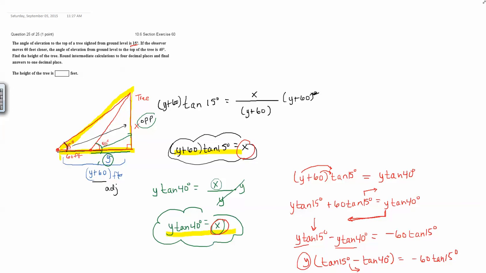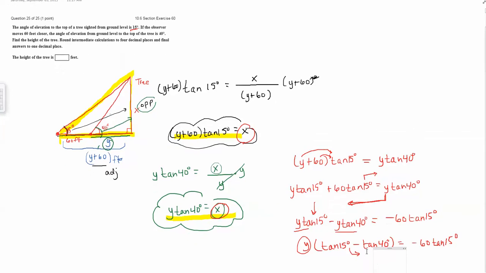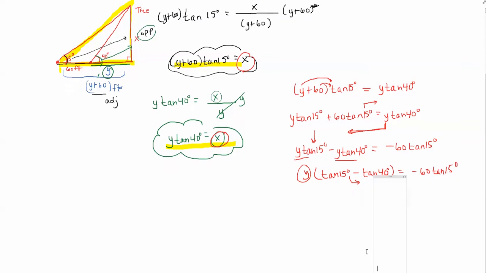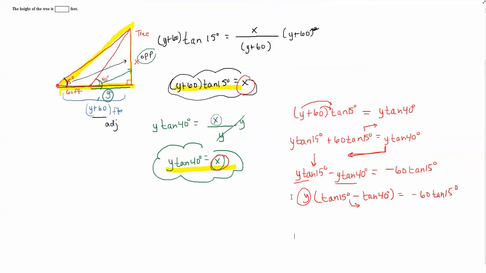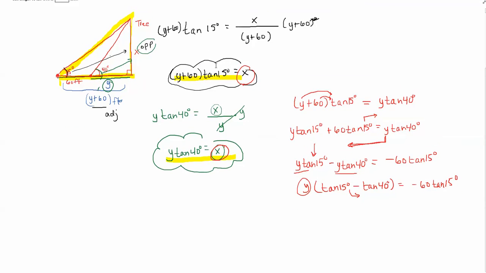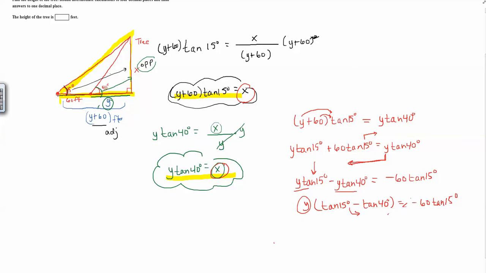So at that point, we have y equals negative 60 tangent of 15 degrees divided by the group tangent of 15 degrees minus tangent of 40 degrees.